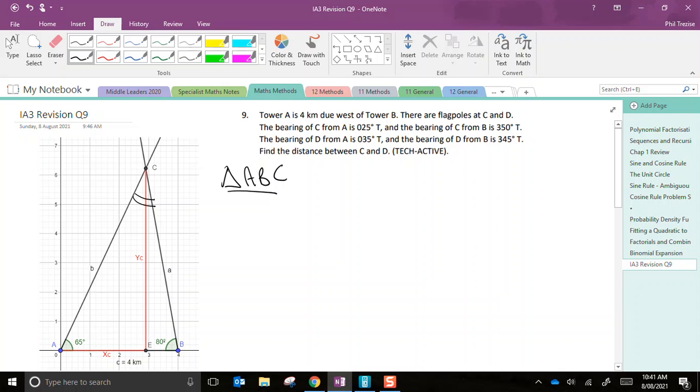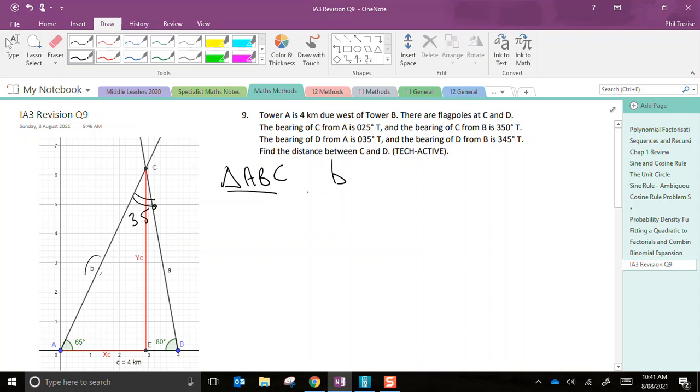If you subtract 80 from 180, you get 100. If you subtract 65 from 100, you're left with 35 degrees. So now I can use the sine rule. I might try to find edge b here.